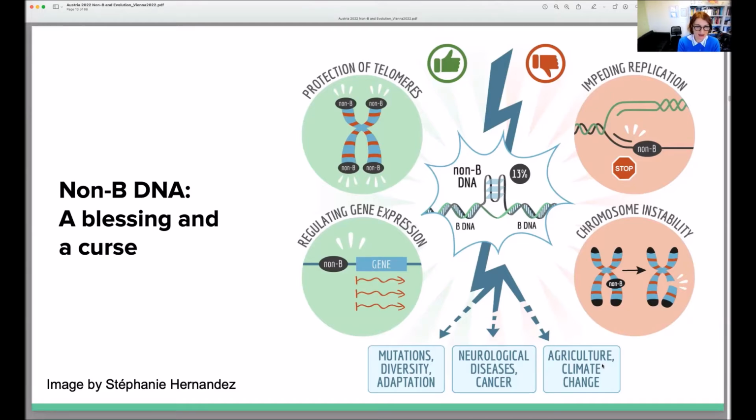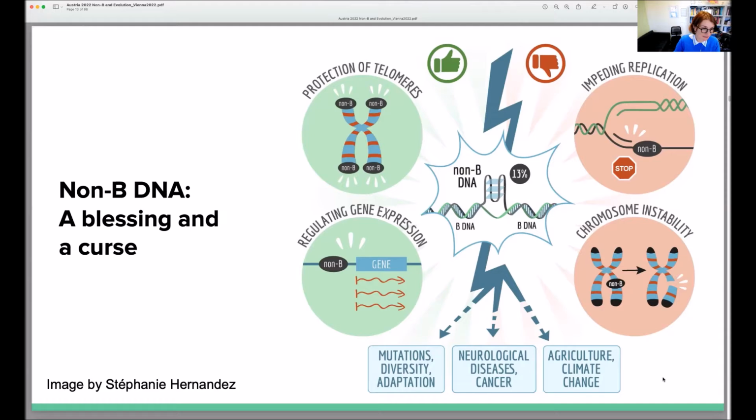If there is increased concentration of potassium, then G quadruplexes will form more easily. But the increased concentration of potassium might occur under conditions of drought. And these consequences for non-B DNA formation are particularly important under the current climate change and global warming.